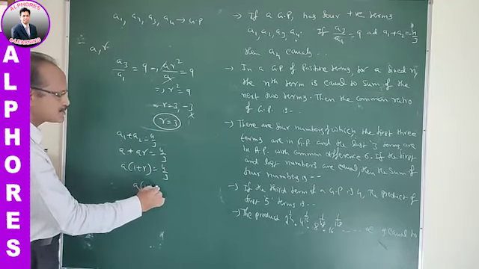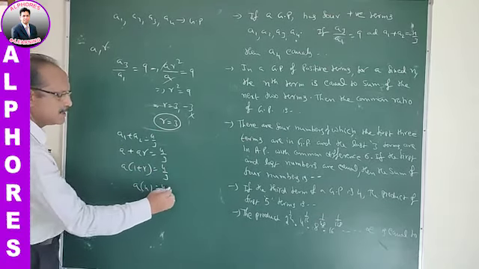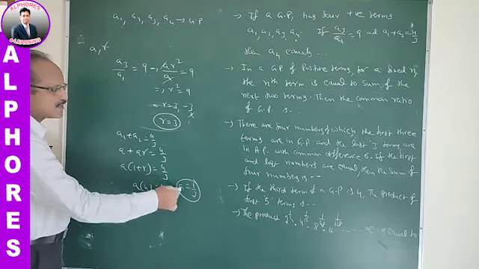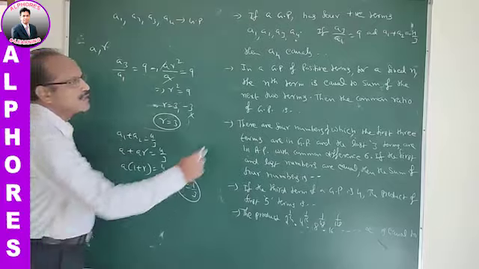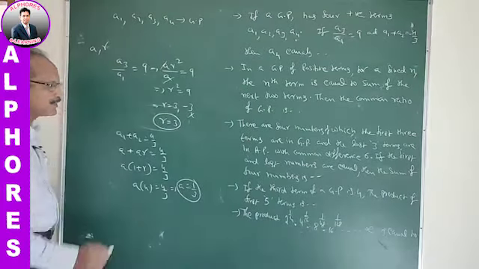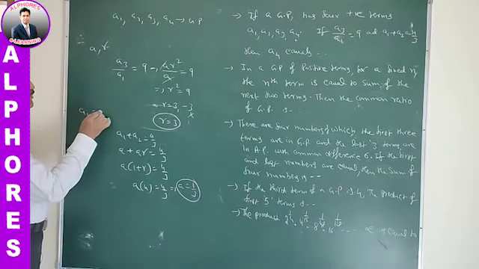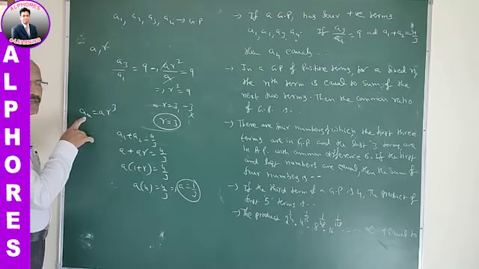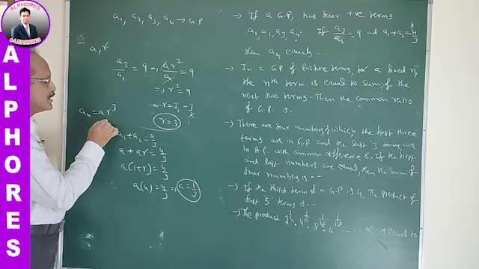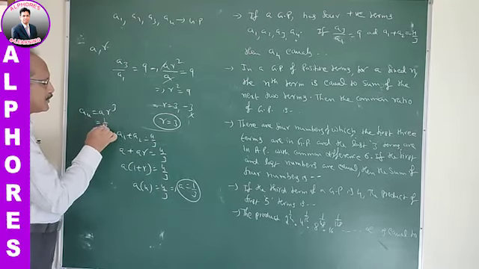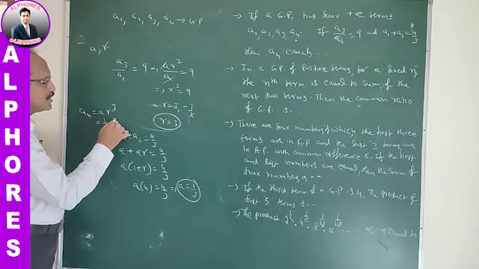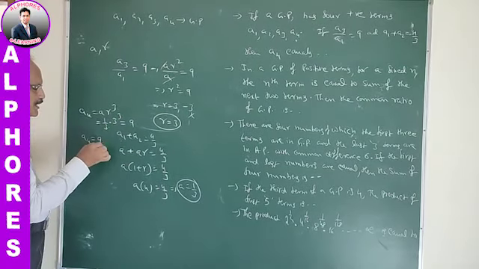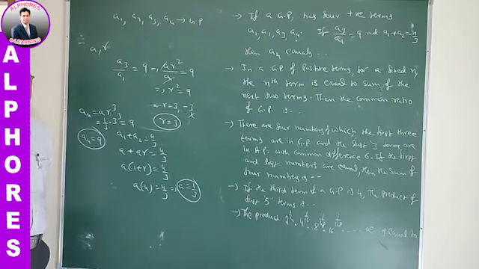A into 4 is equal to 4 by 3, or A is equal to 1 by 3. Now the first term and common ratio are known, so you can calculate the required term A4, which is AR cube. Here A is 1 by 3 and R is 3, so 3 cube divided by 3 gives 9. So finally the A4 term is 9.